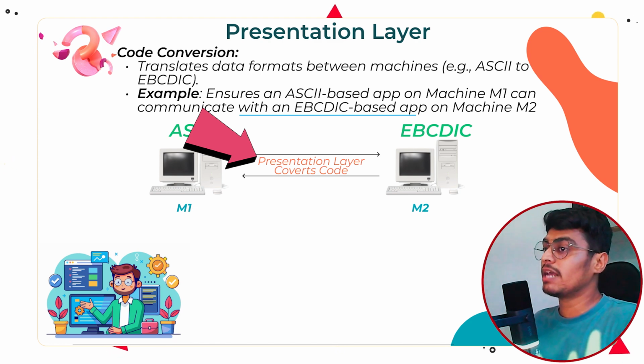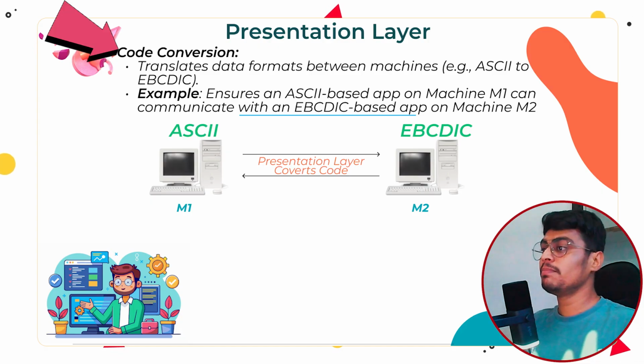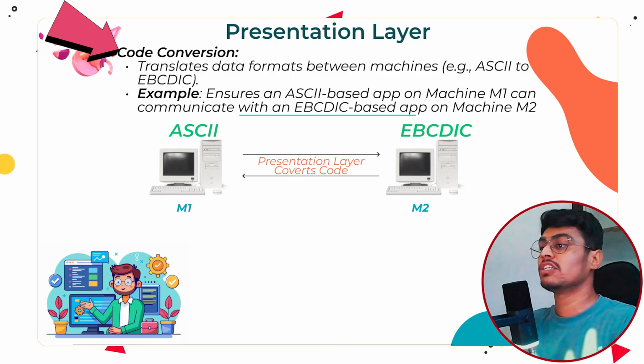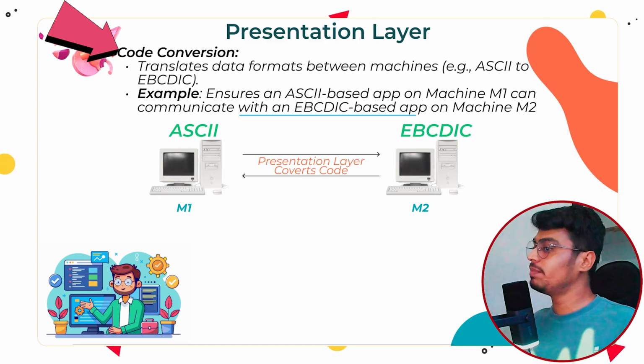So how do we convert between the codes? The presentation layer is used. This is the major responsibility of the presentation layer, to format the data. The application layer gets help from this, so that any data coming to the application layer is already converted into the format in which the application wants to read it, so that the data is properly visible to the user and can be read properly.